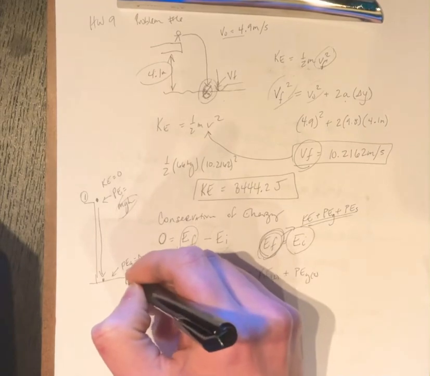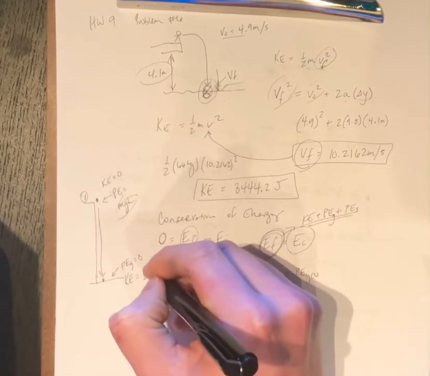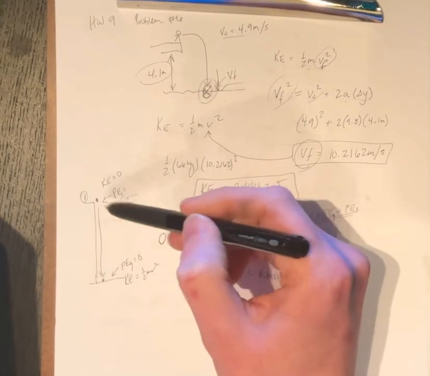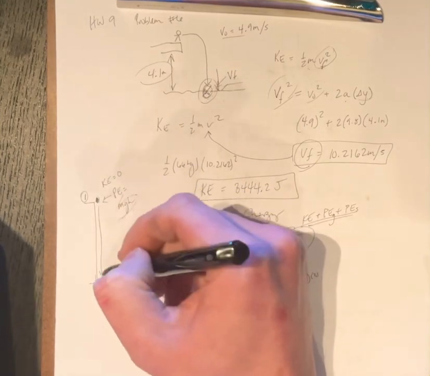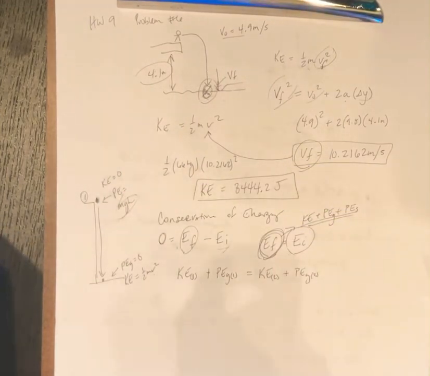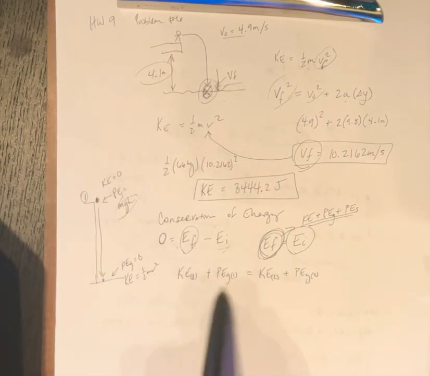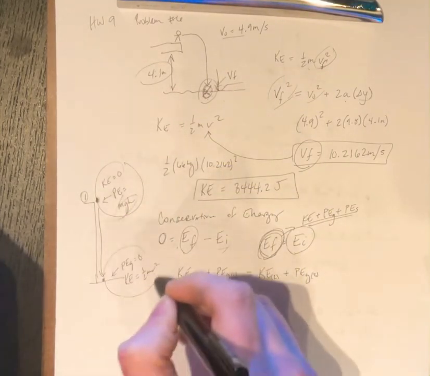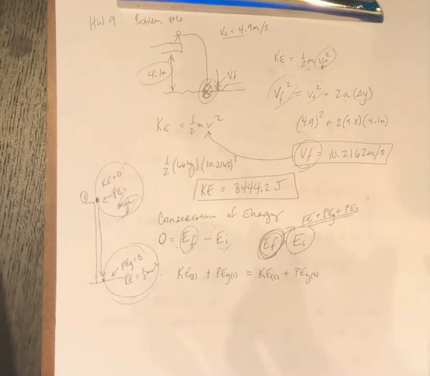But it does have kinetic energy, 1/2 mv squared, because we're actually moving at a speed now. So basically all of this gravitational potential energy just transformed into kinetic, right? So the kinetic energy and the potential energy added up at the beginning has to be equal to the potential energy and the kinetic energy in the final state.